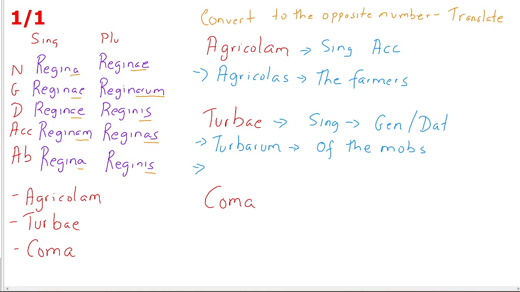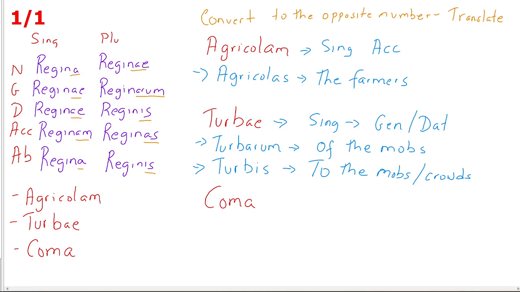Then dative plural would be turbis, which will be to the mob or crowds. 2 or 4.